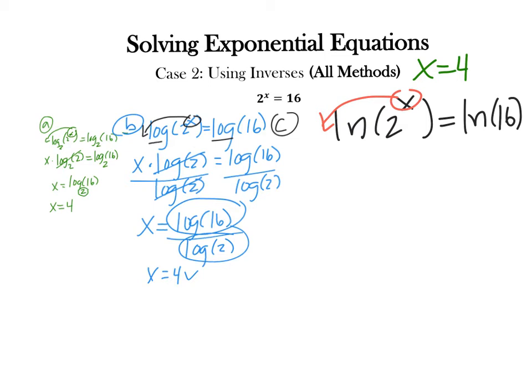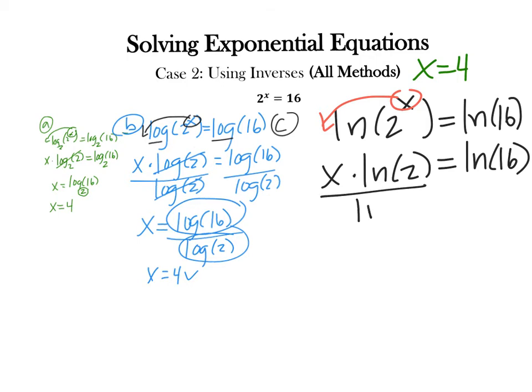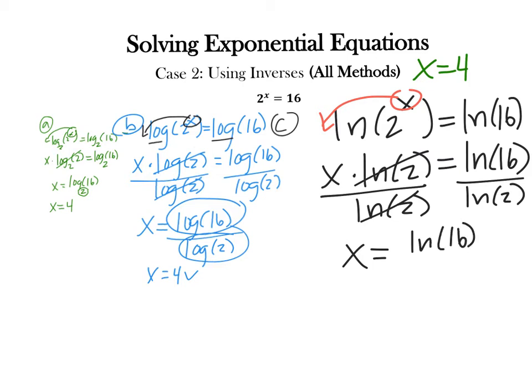So I have x times the natural log of 2 equals the natural log of 16. Similarly, since we're multiplying, we divide both sides by natural log of 2. And you're left with x equals the natural log of 16 divided by the natural log of 2.